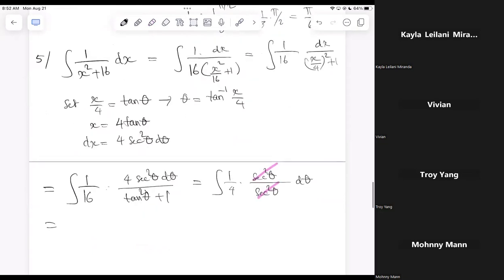So that one should become 1 over 4 d theta, so it's just 1 over 4 theta plus c. And theta is the tangent inverse of x over 4, so 1/4 tangent inverse of x over 4 is the final answer.